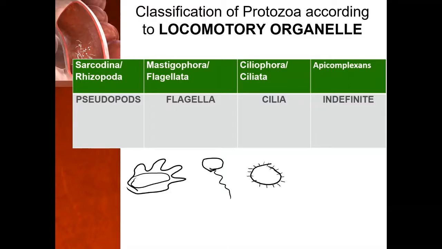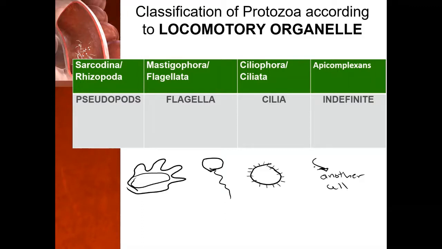And the last one are the apicomplexans, and they are indefinite. The apicomplexans have these sporozoans and coccidians. From the word itself, apicomplexans, meaning they are inside something. So they require another cell for them to be transported.